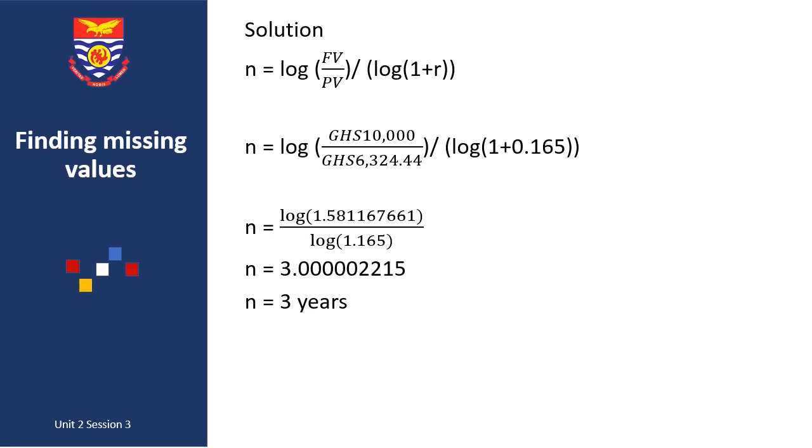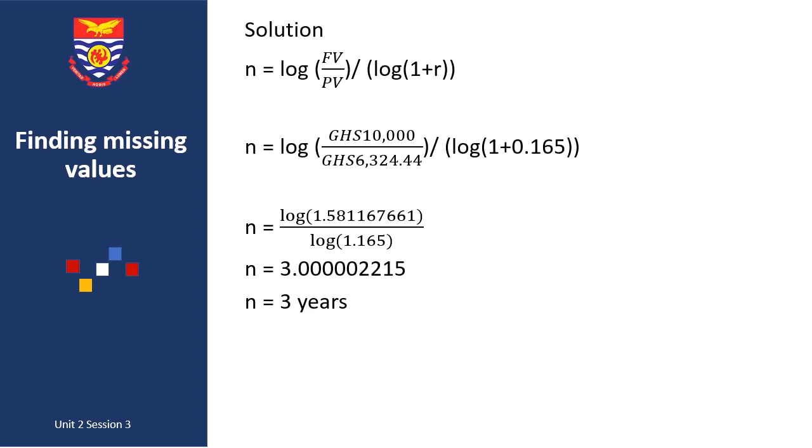Bracket first, when you finish, then take the log. So log of 1.58116 all divided by log of 1.165. We are going to get 3.0000215. Then we approximate to the nearest whole number. We are going to get 3 years.